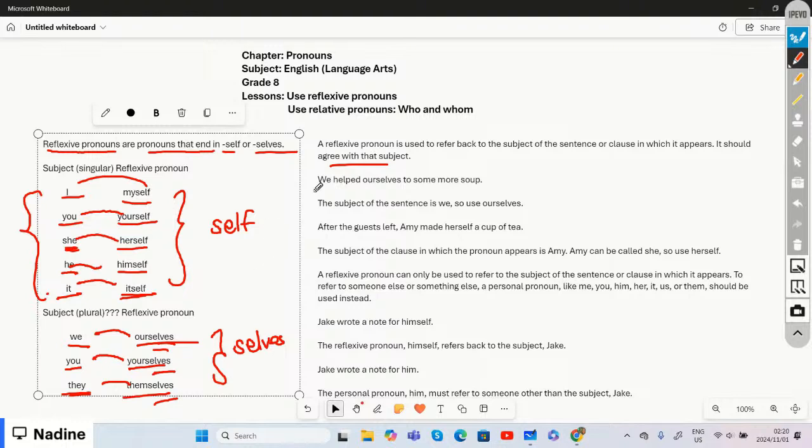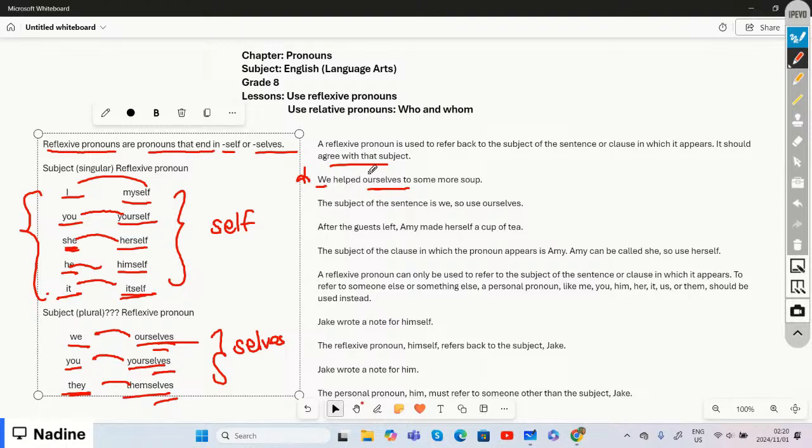And if we look at a few examples, it says we helped ourselves to some more noodles. So we helped ourselves to some more noodles. And as you can see, we is our plural subject.